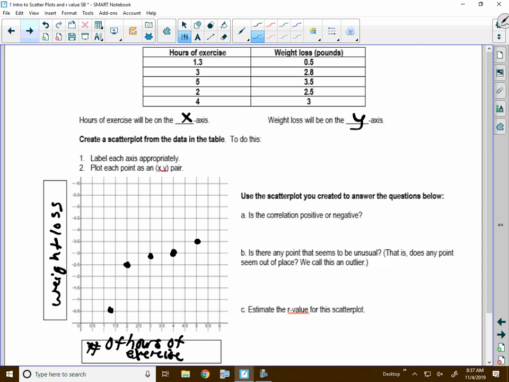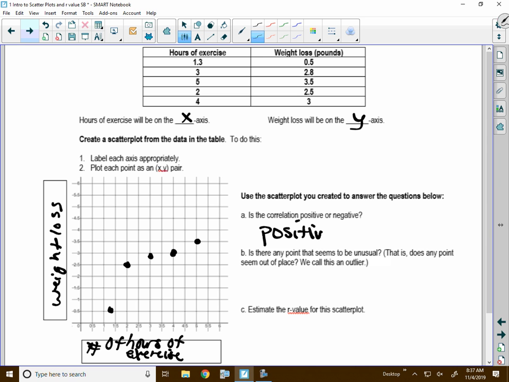Hopefully it looks something like that when you get that plotted. Okay, do we have a positive correlation or a negative correlation? Definitely positive.